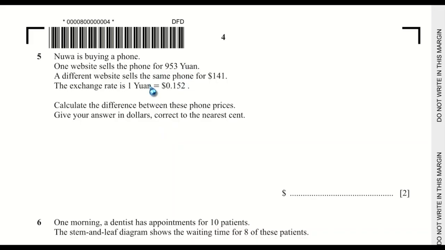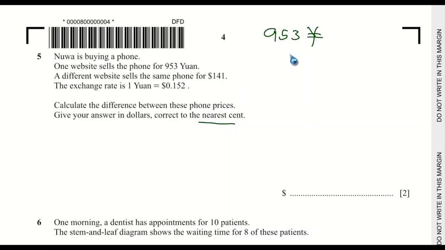For the first website, the price is 953 yuan. We need to convert this to dollars because we need to give our answer in dollars, correct to the nearest cent.